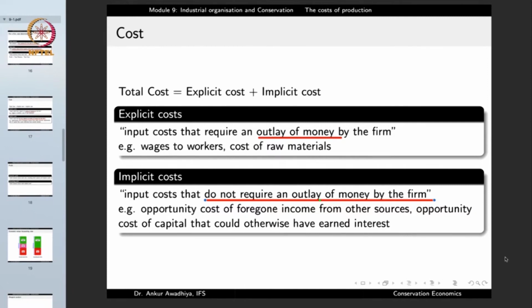An example of this opportunity cost is say there is a person who was working in a software industry and was earning say 60,000 rupees in a month. Now this person leaves his job and say starts a startup company to say manufacture spectacles.